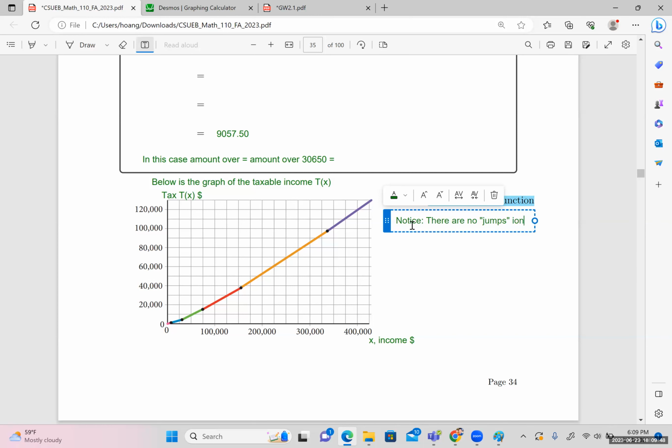No jump in this case, and each piece connects with each other.